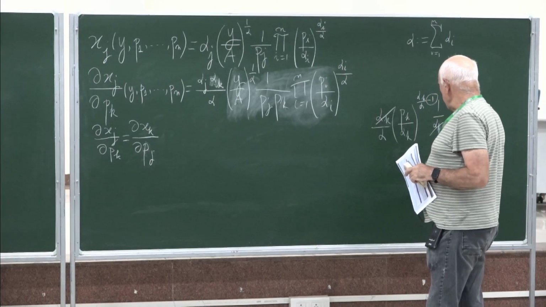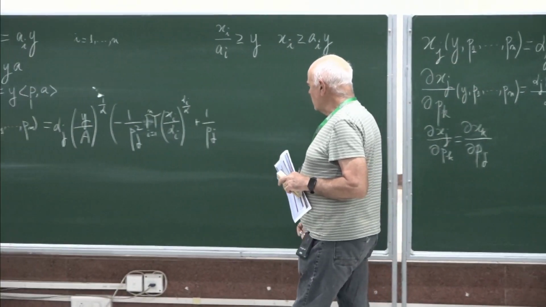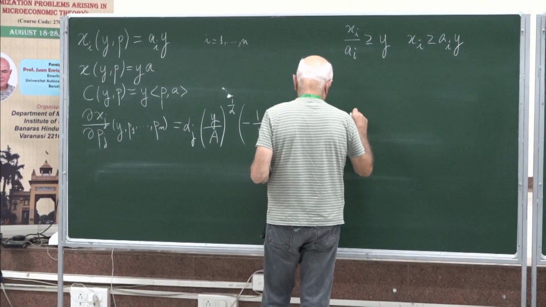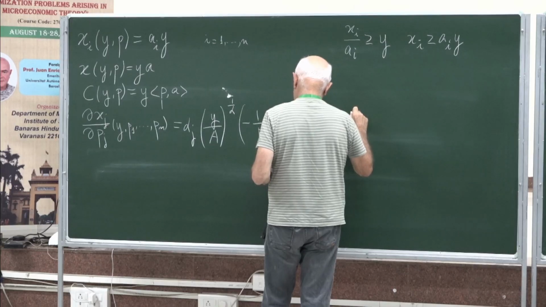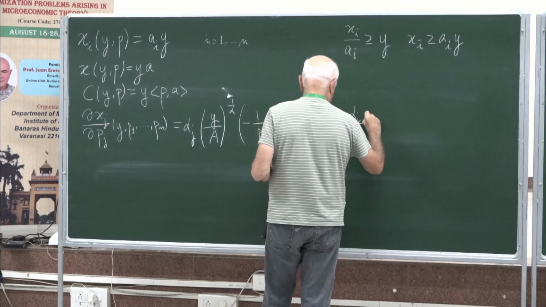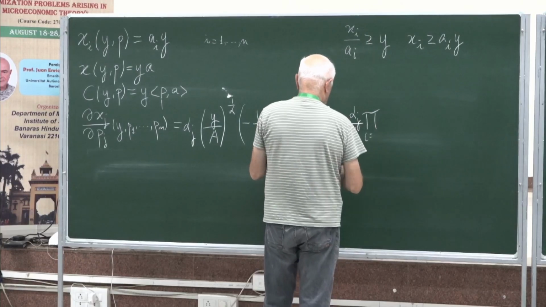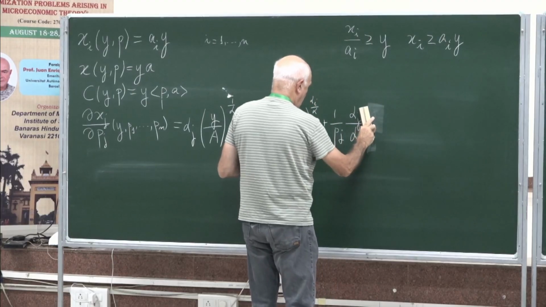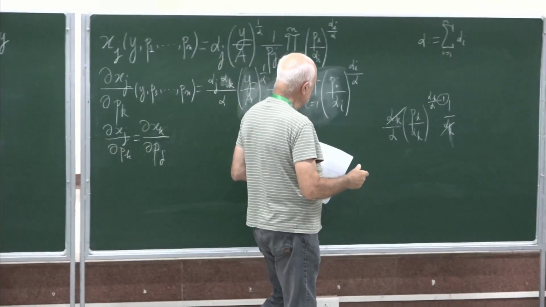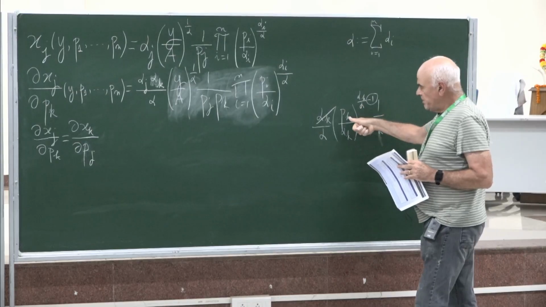So I will get alpha_j divided by alpha, but also 1 over p_j.